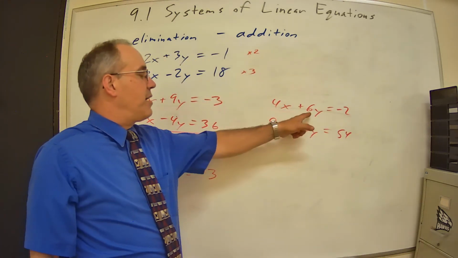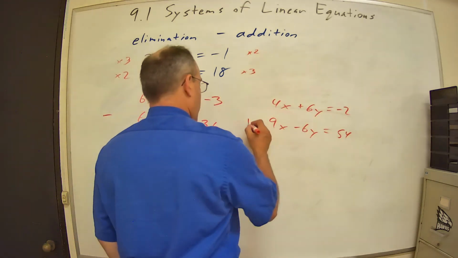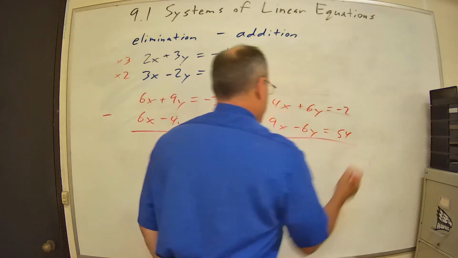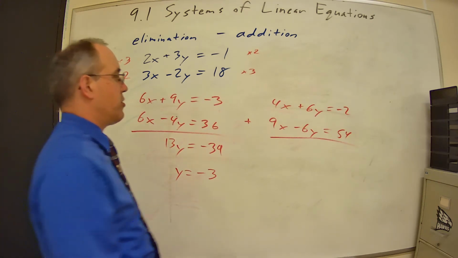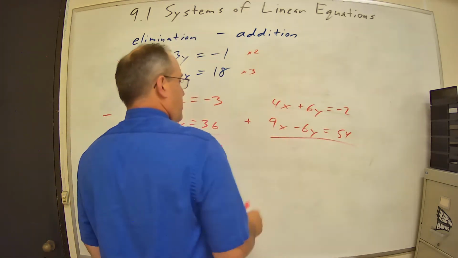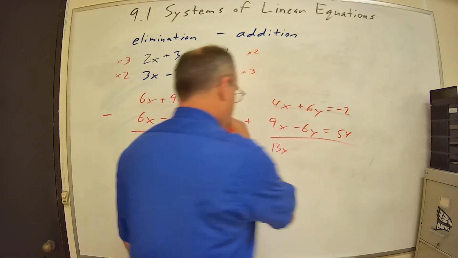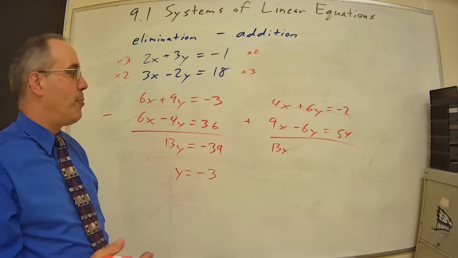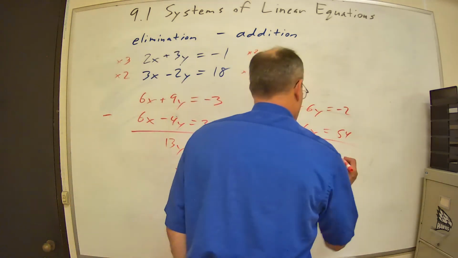Now we see that I've got 6y and -6y. So if I add those two equations, then my y's will cancel out. 4x plus 9x is 13x. 6y plus -6y is 0y, so that canceled out.